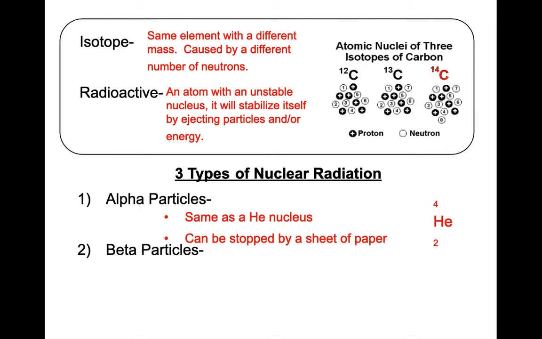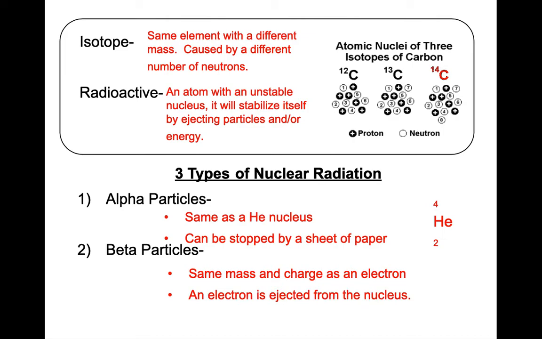Other times, when a nucleus decays through nuclear radiation, it can eject what we call a beta particle. A beta particle is basically an electron. It's the same mass and same charge as an electron. And this electron is ejected from the nucleus of the atom.